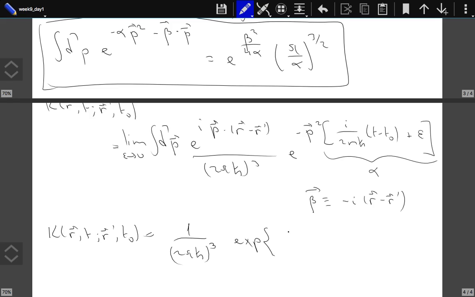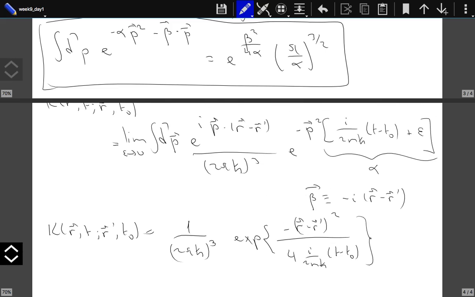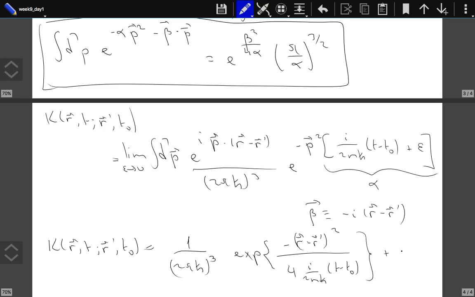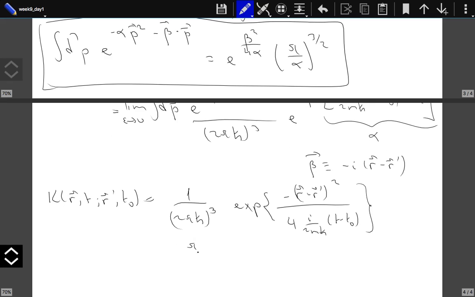This is exponential of minus r prime squared divided by 4 alpha, where alpha is I over 2m h bar (t minus t0). I already set the limit epsilon goes to 0, times pi over alpha, or pi over I over 2m h bar (t minus t0), to the power 3 halves.